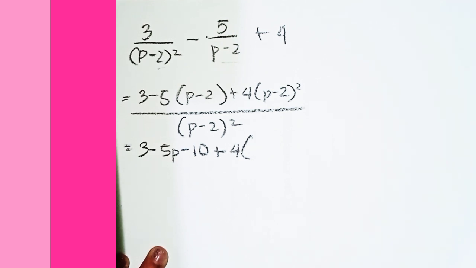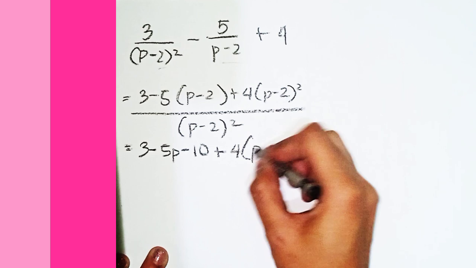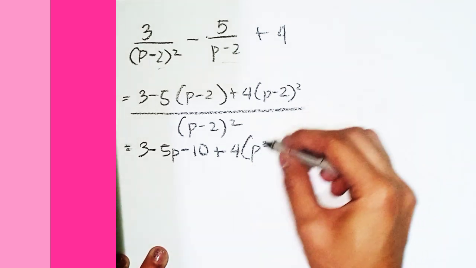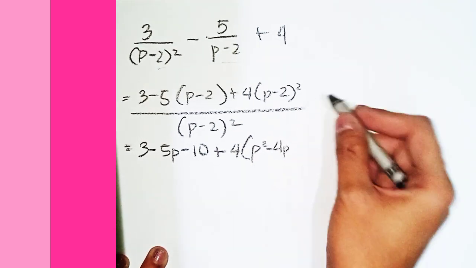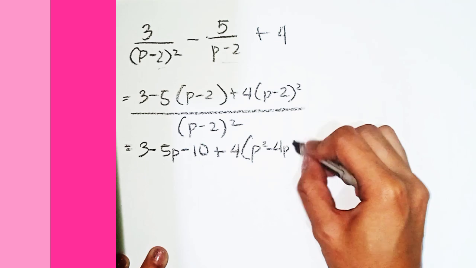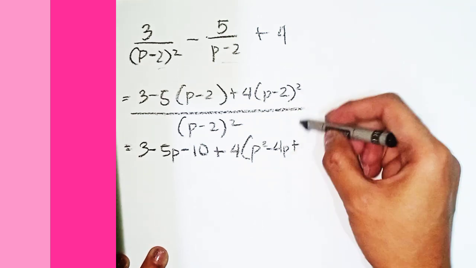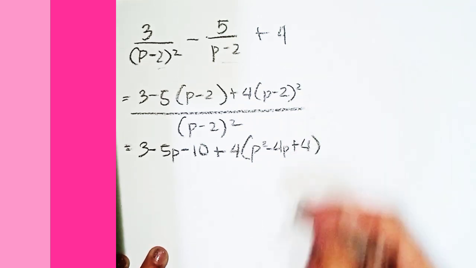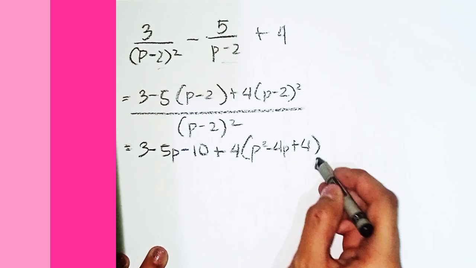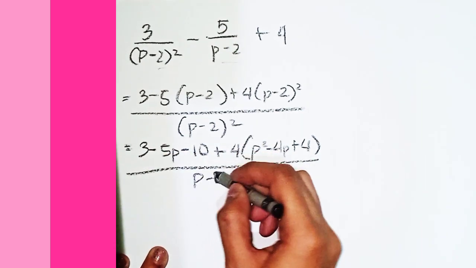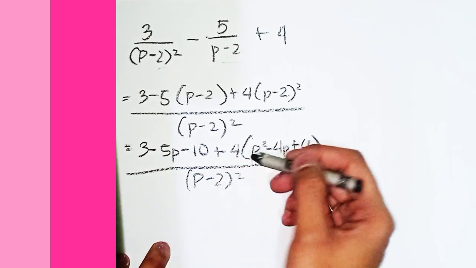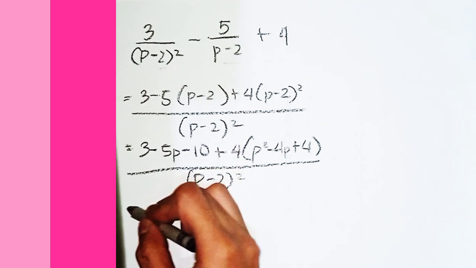So we get p squared minus 4p plus 4, over p minus 2 squared.